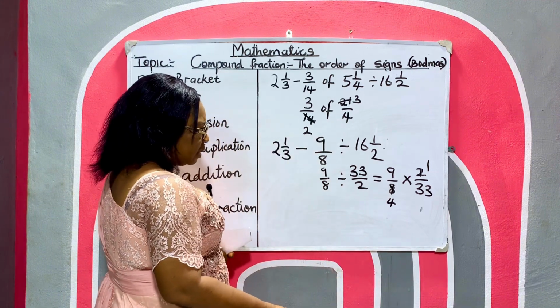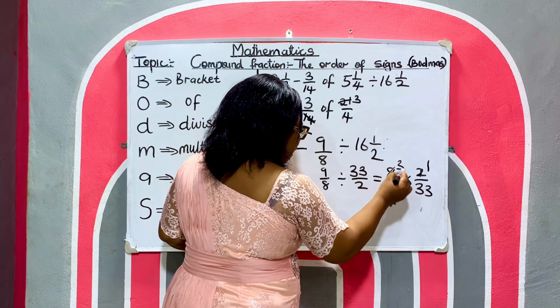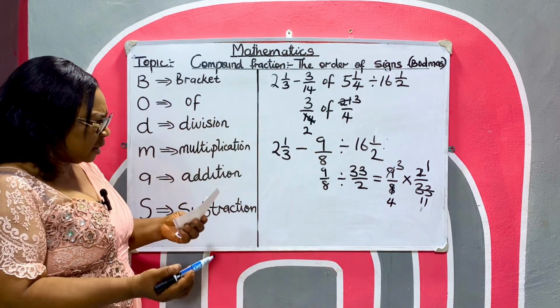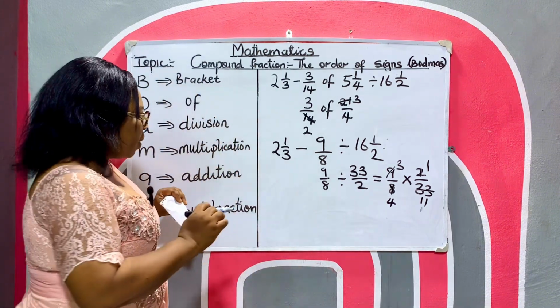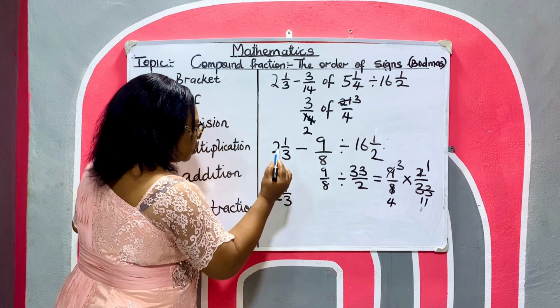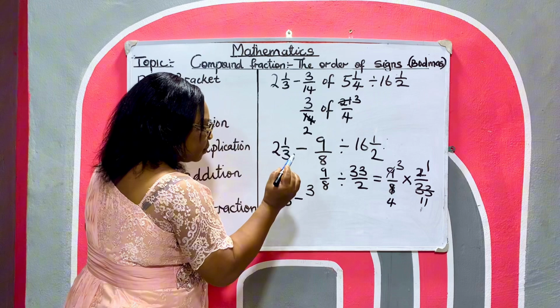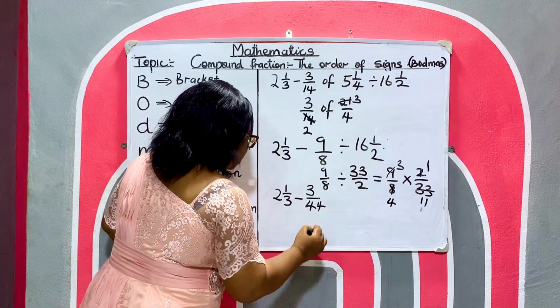What else can divide? I can see that 3 can divide here, give me 11. I check. Is there any other thing that can divide up or divide down? No. So we bring this one down. Minus 3 times 1 will give us 3. 4 times 11 will give us 44.